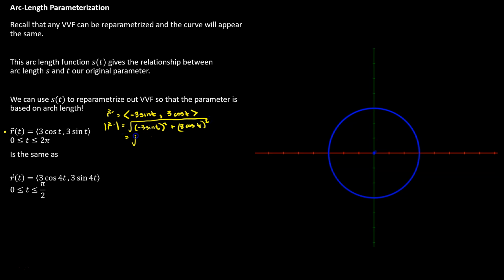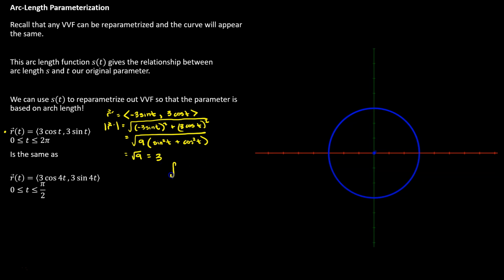That's actually the same as the square root of 9 times sine squared t plus cosine squared t. If you don't see that immediately, I would suggest you pause and go ahead and multiply out your squares and combine like terms. And then you'll see that we're really looking at the square root of 9 times 1, which is the same as the square root of 9, which is just 3.